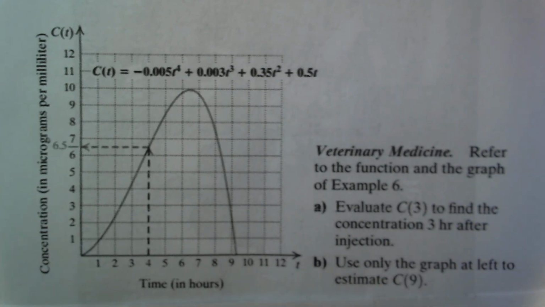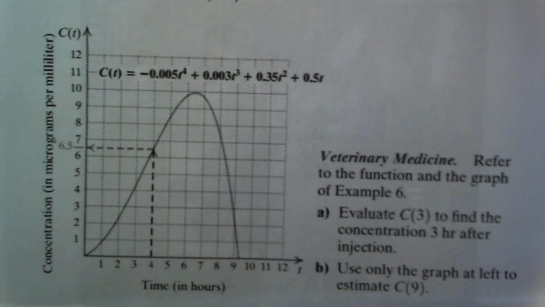So c, the concentration after t equals 3 hours, equals minus 0.005 times 3 to the 4th power plus 0.03 times 3 to the 3rd power plus 0.35 times t to the 2nd power.